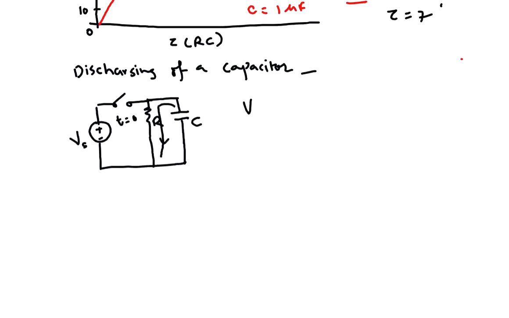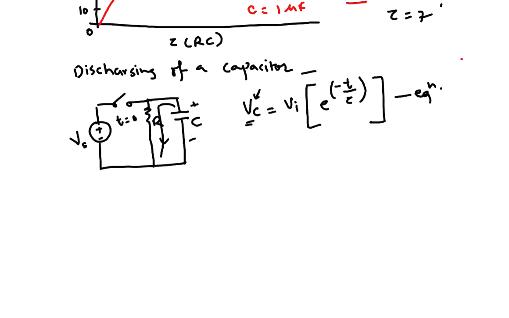So the initial charge, whatever the charge on that capacitor, which will be represented by this voltage VC, will be written as VC equals VI, that is the voltage across the capacitor, VI, in bracket e to the power minus t over tau, and bracket close. So this equation describes the discharging curve of your capacitor.